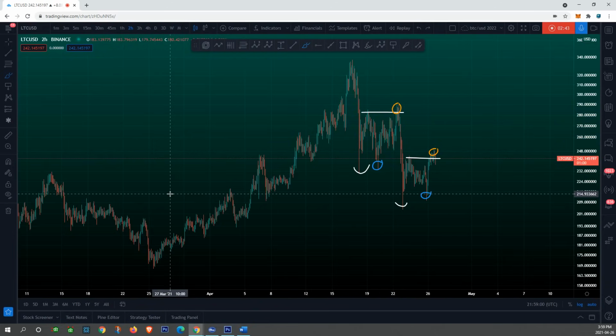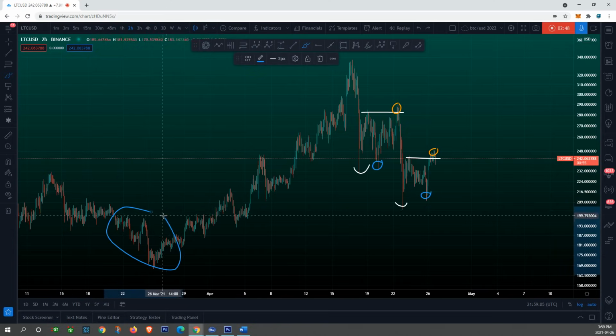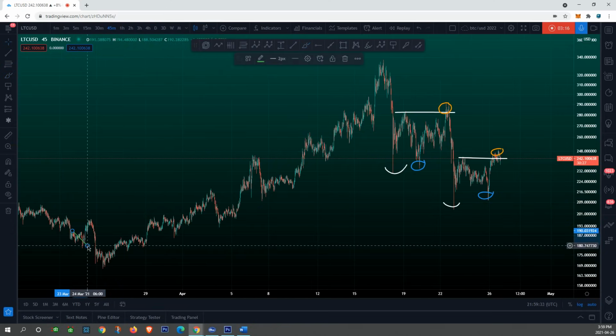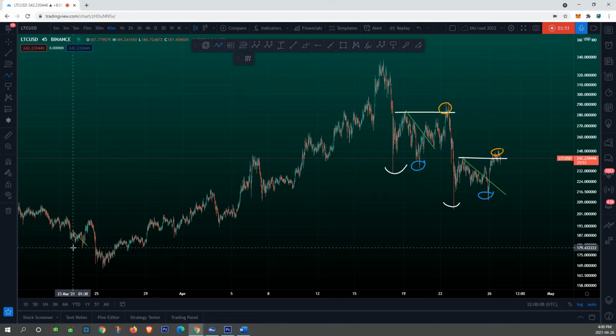So let's go ahead, find a better confirmation, compare it with our previous fractal from this zone right here. We have our major support line right here for that fractal, and same thing with this fractal right here, and same thing with our most recent fractal. When comparing these fractals, I want you to focus on how they're playing the same exact algorithm. It's not going to be copy and paste once again.